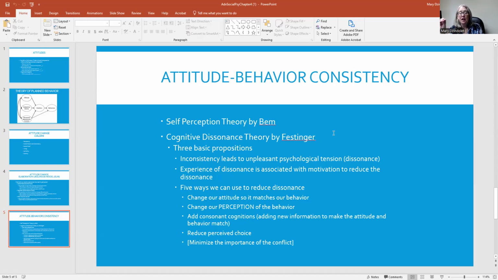But now what we're going to talk about is cognitive dissonance theory. And cognitive dissonance theory basically says that your behavior sometimes ends up affecting your attitude, not the other way around.